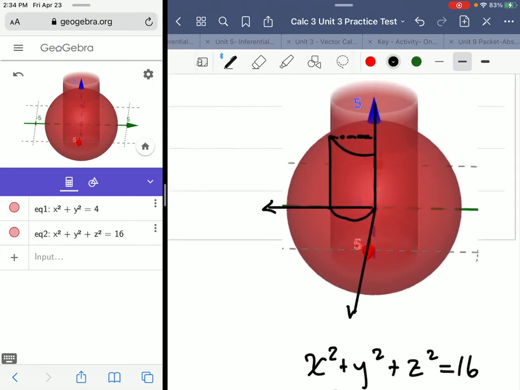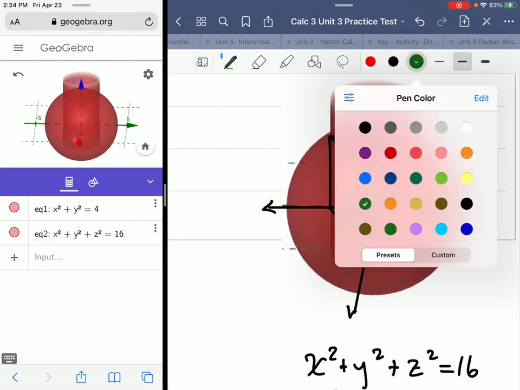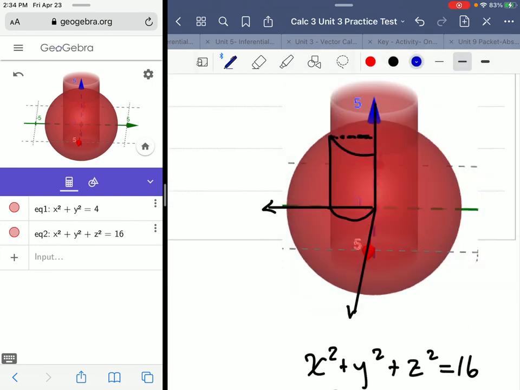So then, let me get a different color here. We're going with blue. Let's say, for example, I'm looking at this point right here. That point is going to have some corresponding movement in the xy plane of theta.